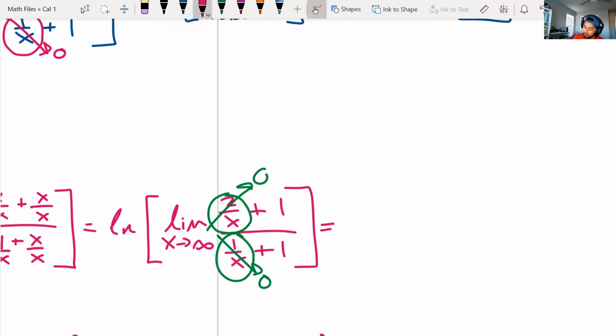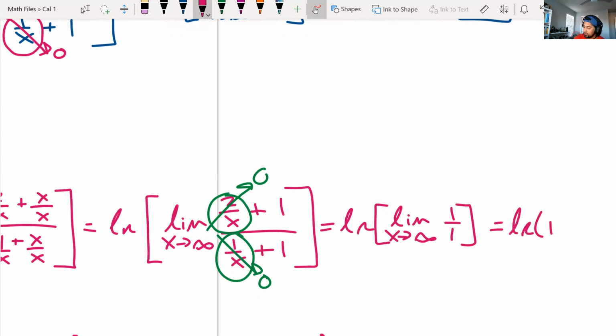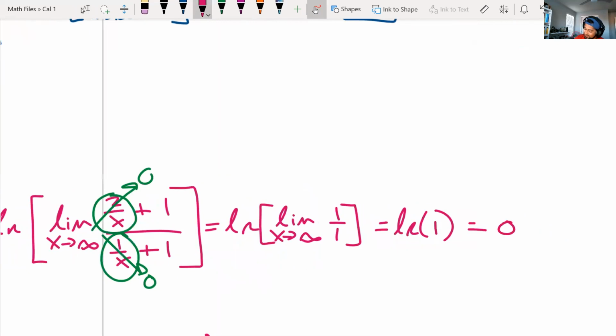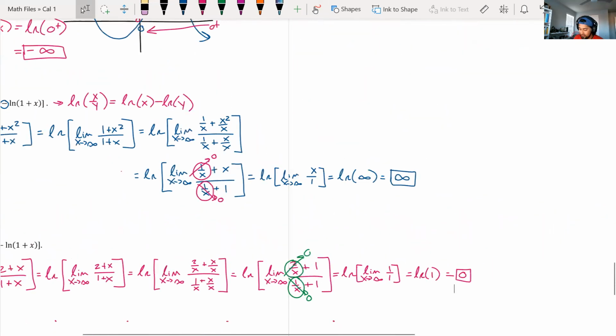And all we're left with is the natural log of the limit as x approaches infinity of 1 over 1, which just becomes the natural log of 1, which means our answer is 0. Oh my goodness. All that fun time for that little answer.